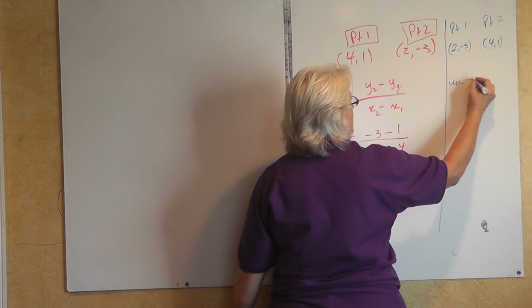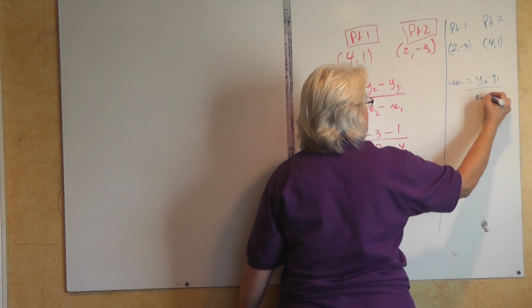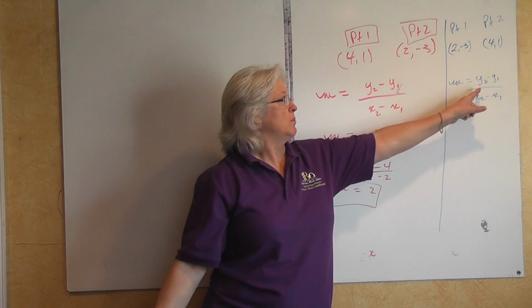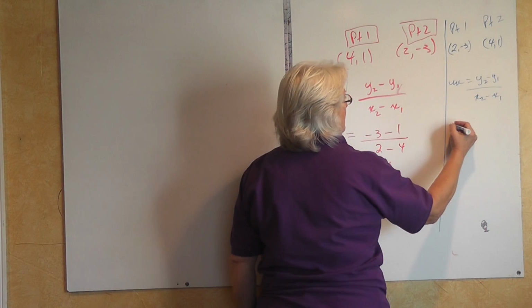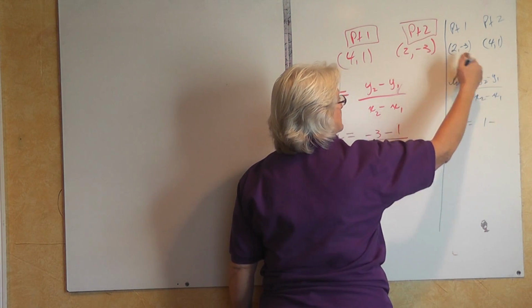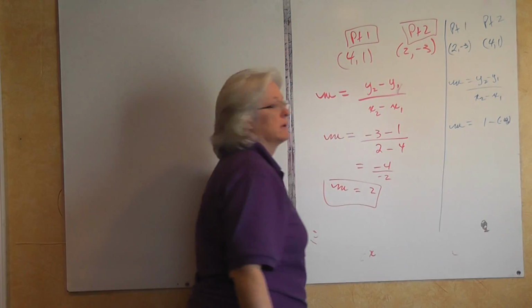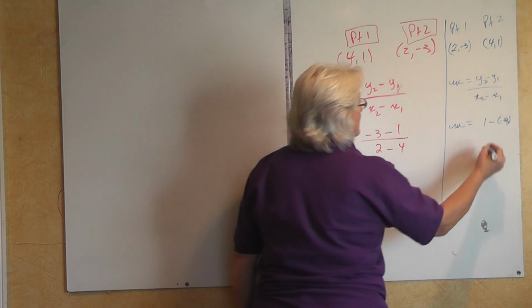Now we better make sure this is working right. Our slope is the difference of the y values divided by the difference of the x values. The y coordinate of our second point is 1 minus the y coordinate of the first point. That's a 1 minus a negative 3. What about our x's?